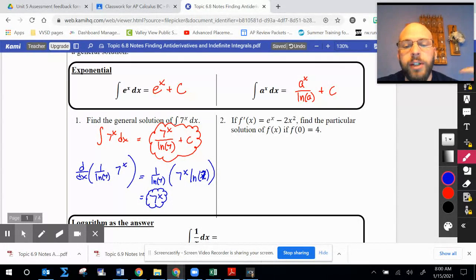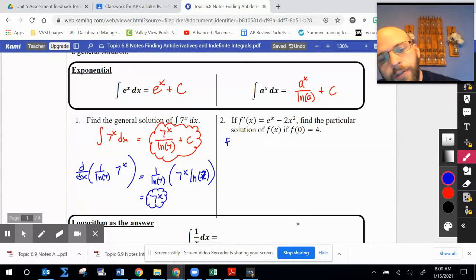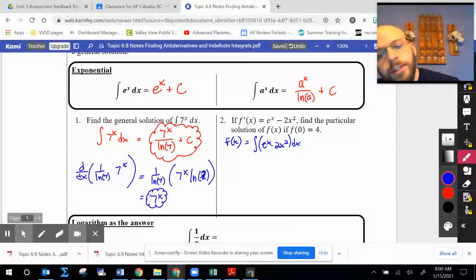Now there are some times where we want a particular solution. If you take a look here, I give you f prime is e to the x minus 2x squared, and I want to find f of x. So f of x is going to equal the antiderivative of e to the x minus 2x squared dx. Use your parentheses.